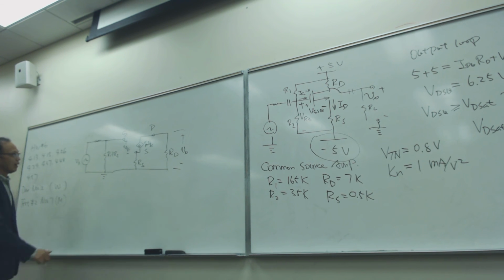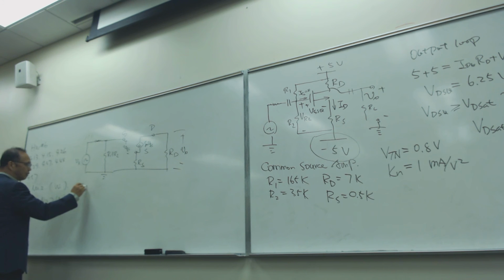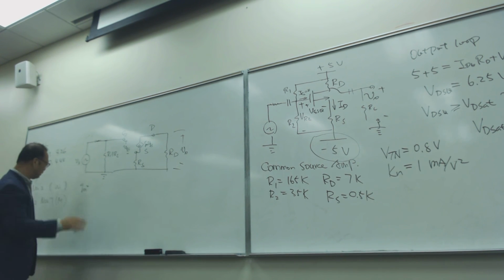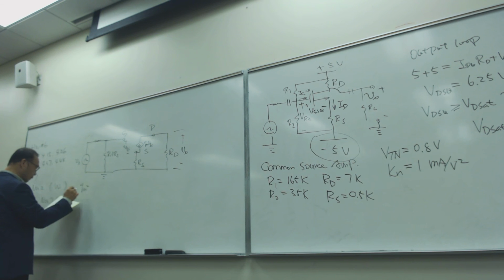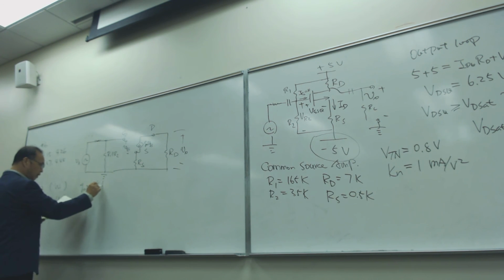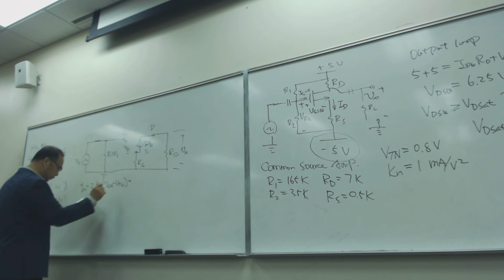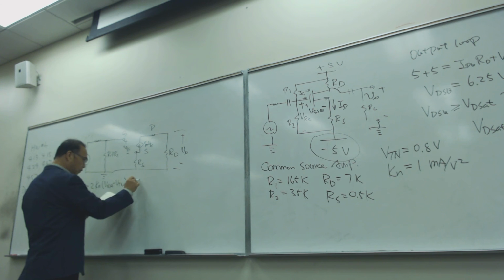How do we do it now? We need to calculate G sub m, correct? I gave you the formula. With the formula you can use, I got it here. So you do the calculation. It's about 0.01.